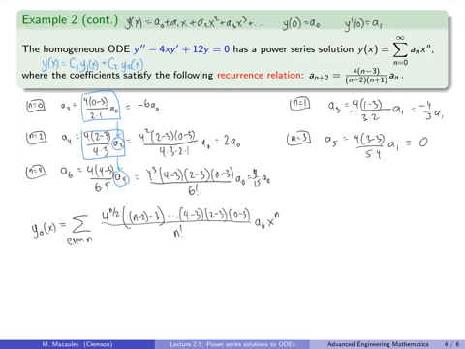That's equal to 0. So if n equals 5, we get that a7 equals something times a5, but a5 is 0. So we get this is equal to a9, a11, etc. All of the odd terms are 0. I definitely set this up this way intentionally.